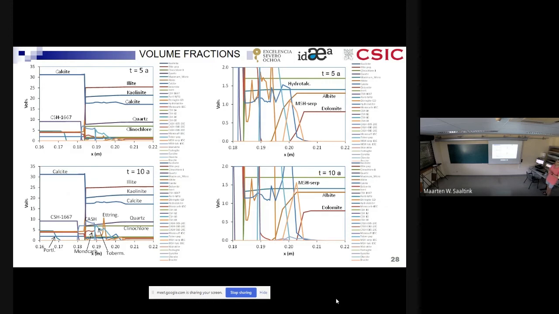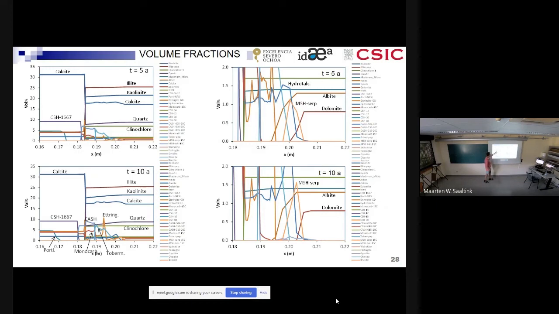Now, mineral reactions. So again, many lines, don't worry. Volume fractions. Top left, volume percent versus distance: 16 centimeters, 22 centimeters, 26 centimeters is the interface. And what do we see? This light blue line, the dissolution of portlandite.